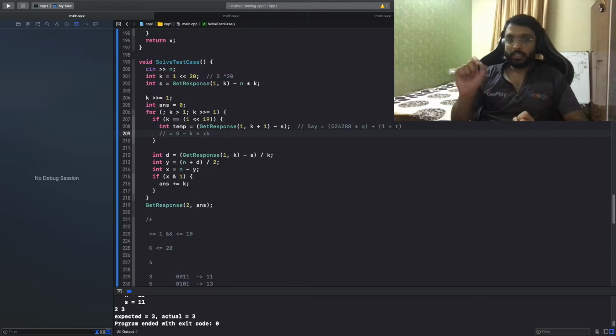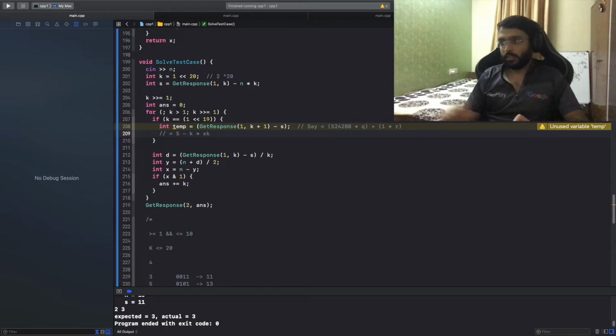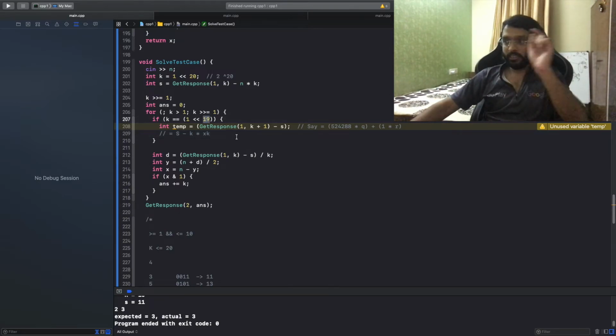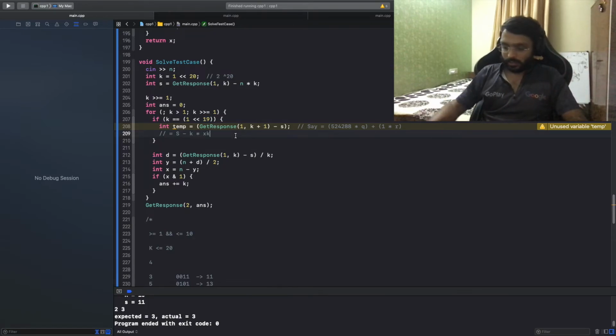This is the number of ones in the kth bit digit, sorry, minus k into x plus the number of zeros for the same. Let me denote it as xk by k.